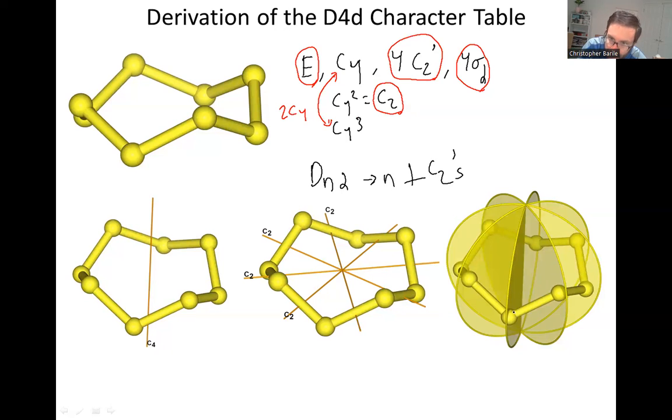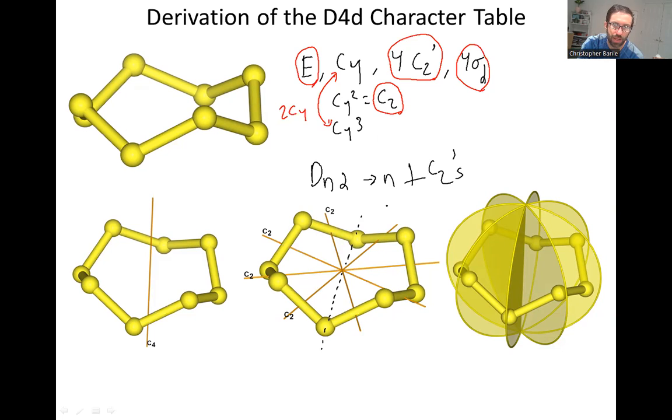It's because these mirror planes each bisect two perpendicular C2s. The mirror plane lies along this plane. It's going through the atoms, not going through the bonds, okay? If it went through the bonds and was coincident with the C2s, we'd call them sigma v's. But there are no Dnv point groups. Instead, we have the Dnd point groups like this one, D4d.